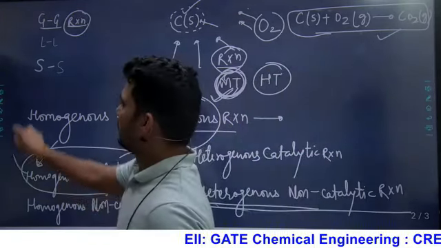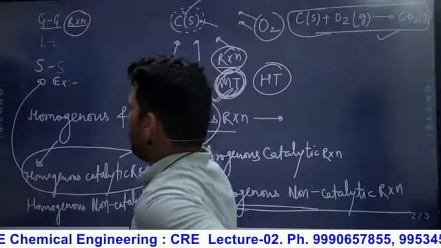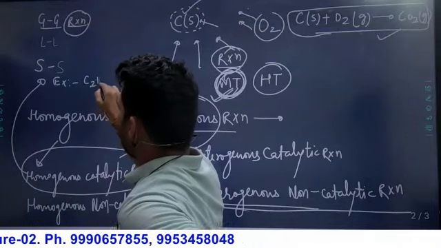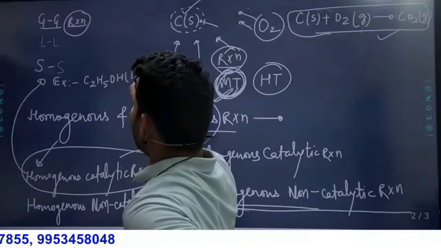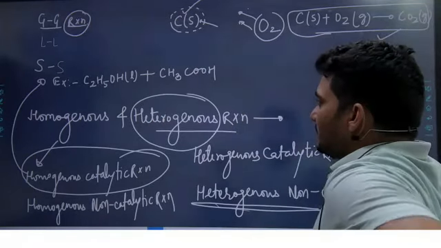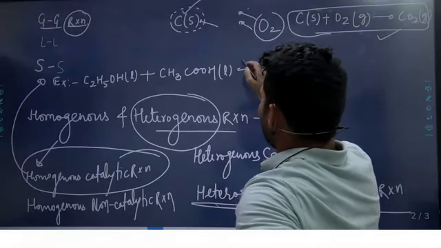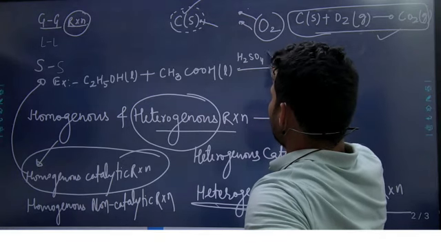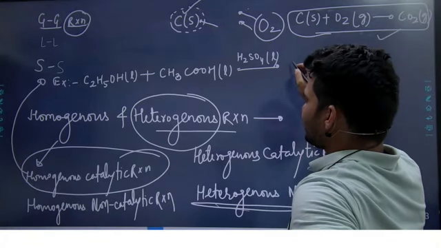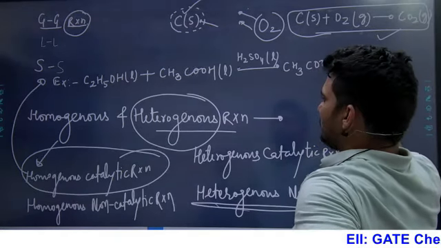For example, ethanol in the liquid phase plus acetic acid, CH3COOH, in the liquid phase converts into the ester, and we are using an acid catalyst, which is in the liquid phase. It will form CH3COOC2H5 plus H2O.